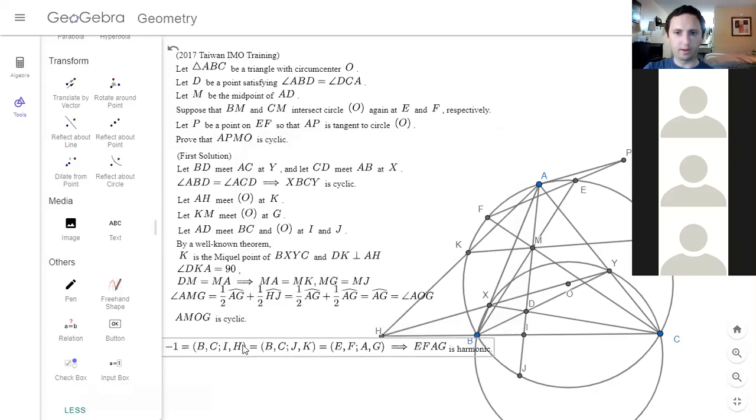And once we have that, that means that PG is tangent to the circle.